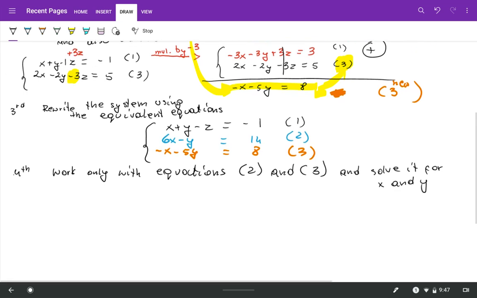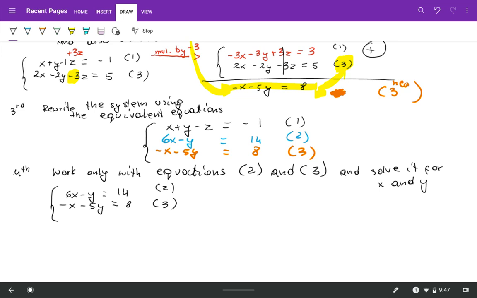So let me rewrite equation 2. You have 6x minus y equal 14, -x minus 5y equal 8. So we have equation 2, equation 3. So now it's up to you how you want to solve this system. I'm going to use the elimination method.